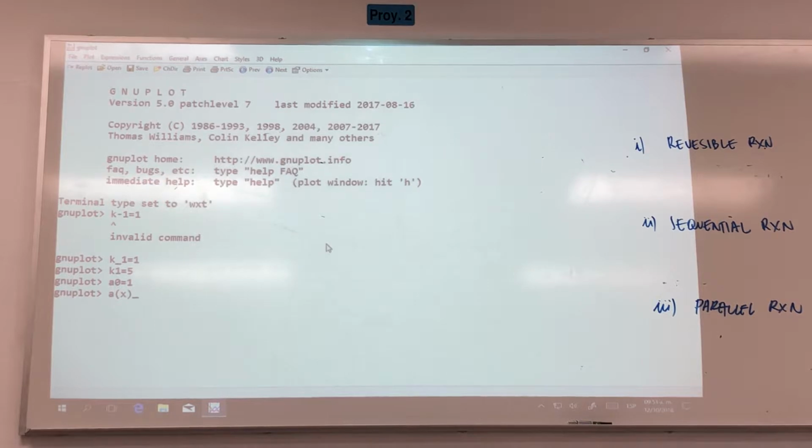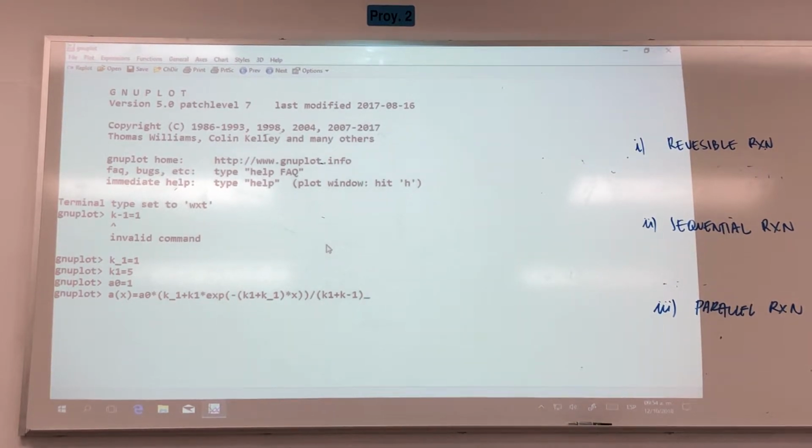So AX will be A0 times K minus 1 plus K1 times the exponential factor of minus K1 plus K minus 1, multiplied by time, which is our X, close parenthesis, divided over the sum of K1 and K minus 1. There we go. And I think that should be fine.